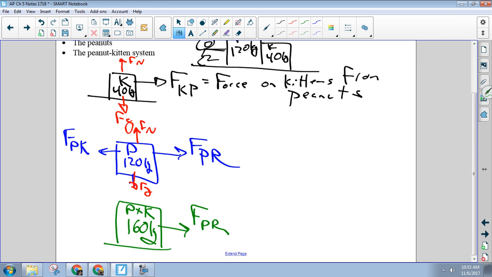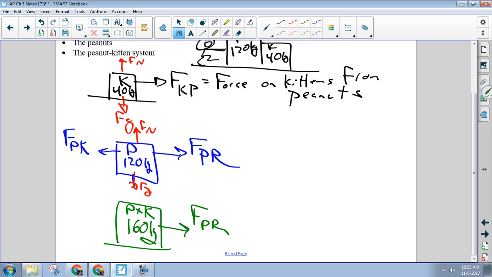Follow? And I like that because then it forces you to see that these two forces are the same. So let's do that. If you did what I started to do, change that. This is the force on the peanuts by Roy. And notice the peanuts are part of the system, Roy is not. And thus that is an external force.